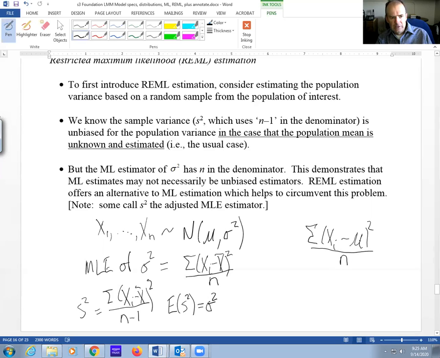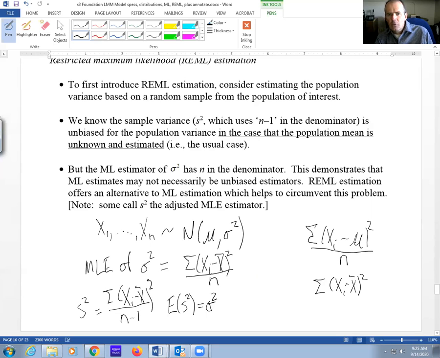The reason why there's a difference, you can think about it this way. What happens when you draw a sample, and if we distinguish these two quantities, why do we put in x bar instead of using mu?